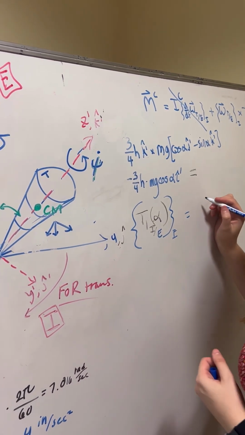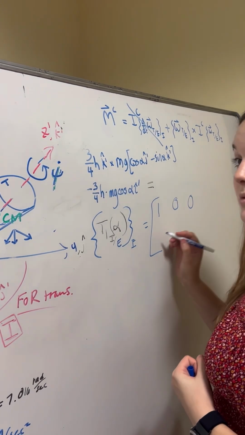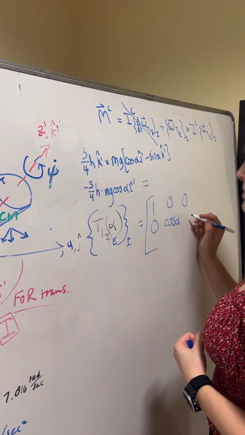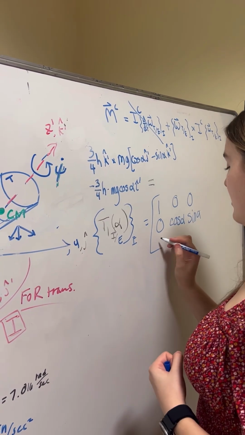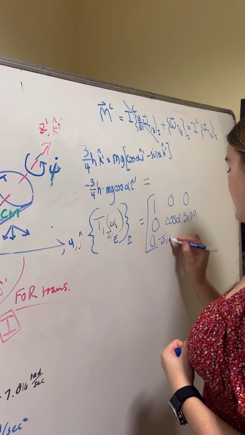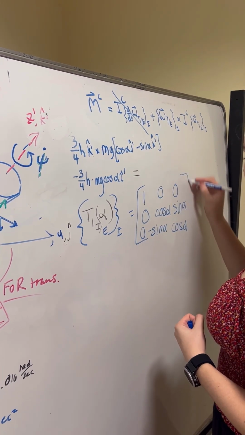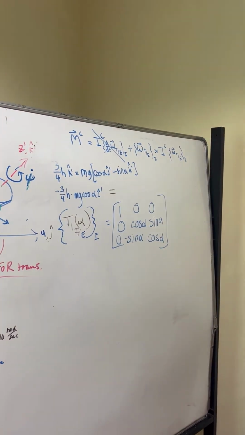So here we have our matrix is 1, 0, 0, 0, cosine alpha, and then sine alpha. And on the bottom we have 0, negative sine alpha, and cosine alpha.